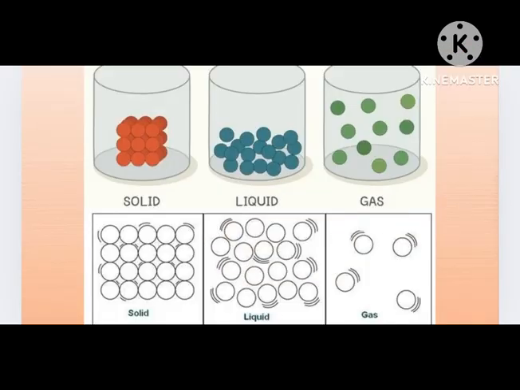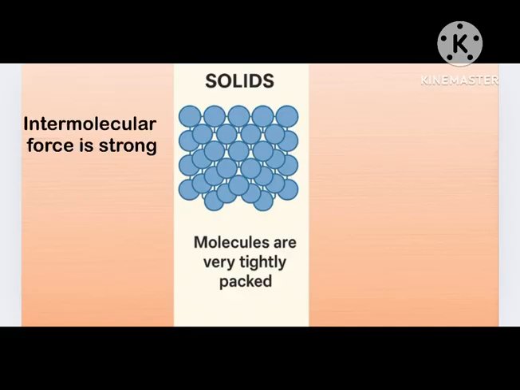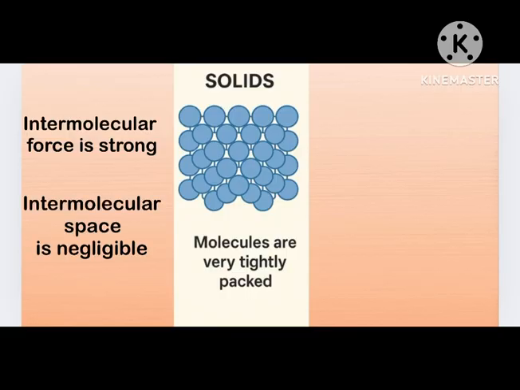See the molecular arrangement in case of solids. There the molecules are tightly packed because the force of attraction, that is the intermolecular force, in case of solids is strong. Talking about the intermolecular space, that is space between the molecules, that is almost negligible. ना होने के बराबर intermolecular space इनमें होती है.